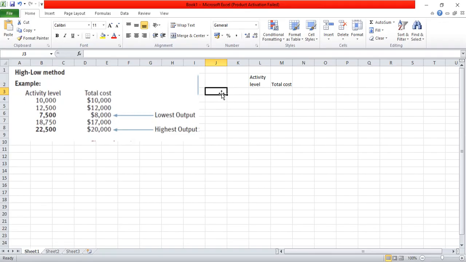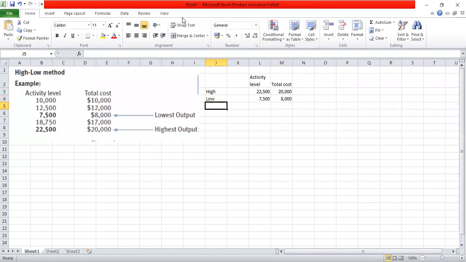First, mention the high level. High is for 22,500 units and the cost is 20,000. Then mention the low level. The low level is 7,500 and the cost is 8,000. So this is what we have.